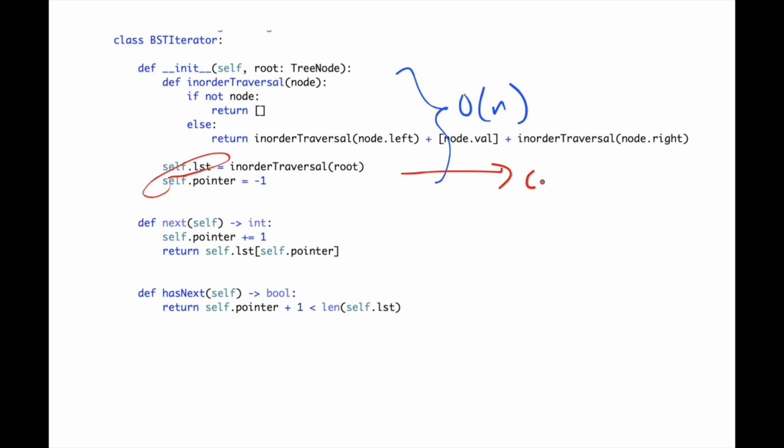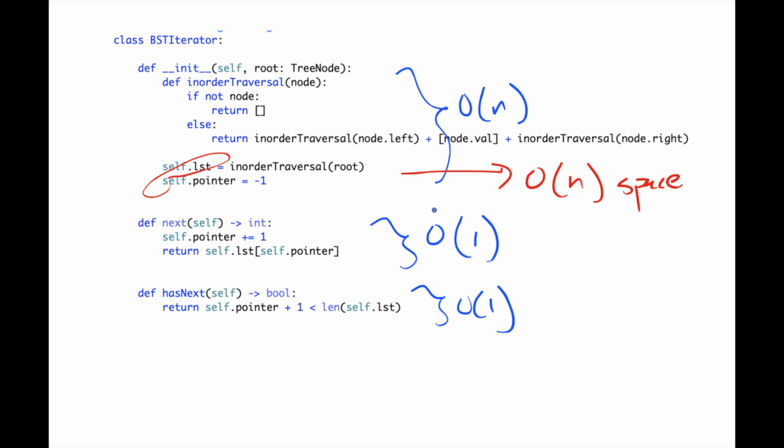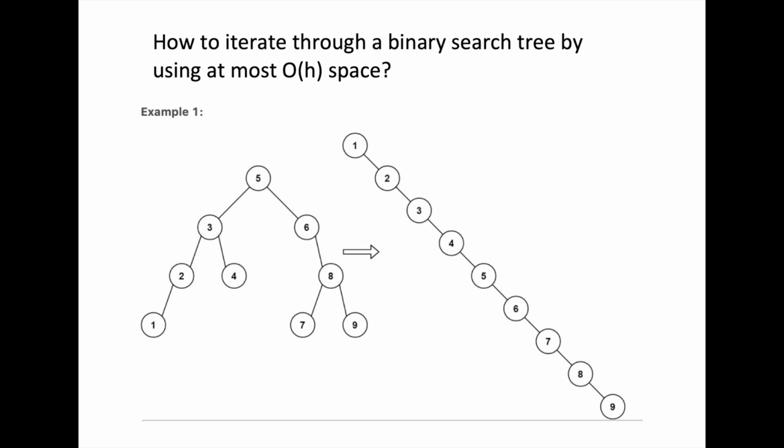When we do call the next function, we can get constant access to each element in the list. So that's O of 1, and this hasNext check is also O of 1, and both of these functions don't require any additional space.